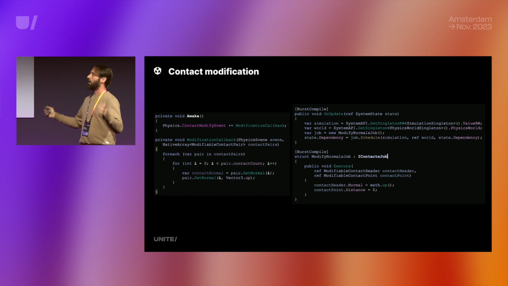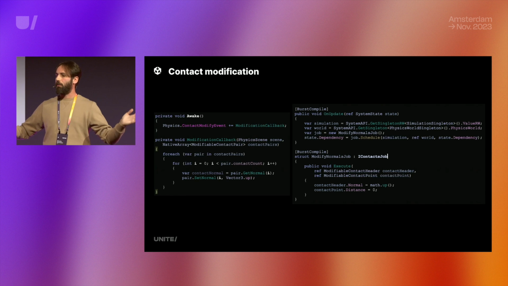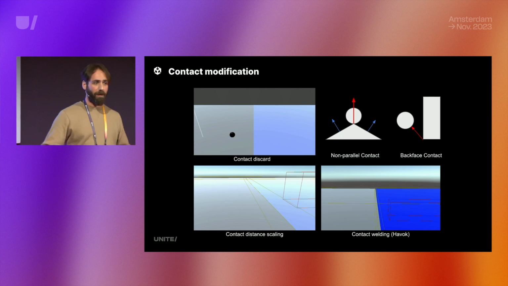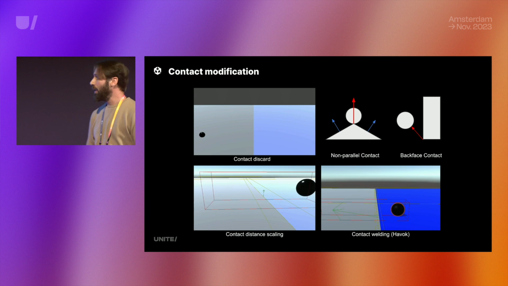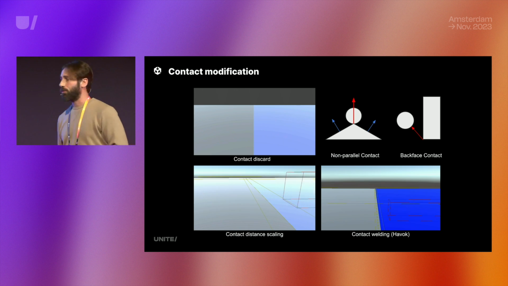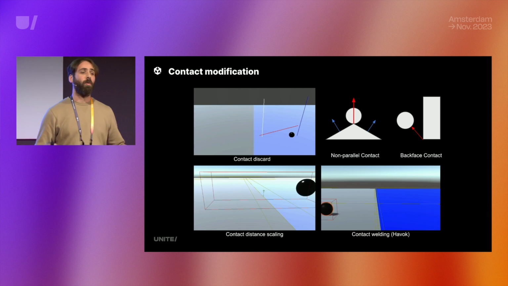So great, now you have a way to modify your physics simulation. What can you do with that now? Again, you have several approaches that depend on what you want to do. One simple approach is the contact discard approach. This works by simply discarding the contacts that you don't want.